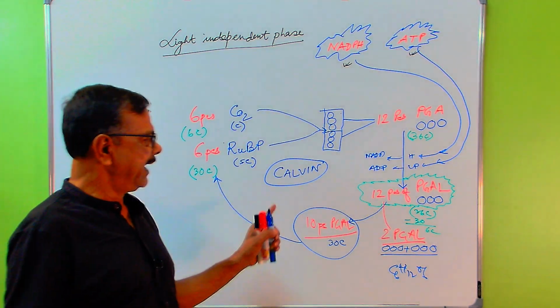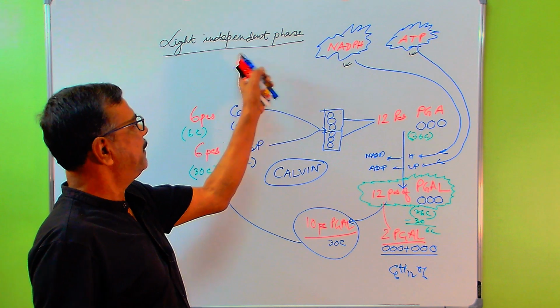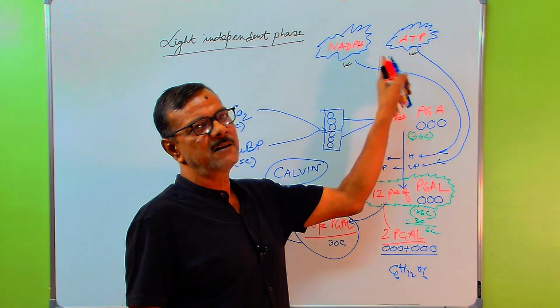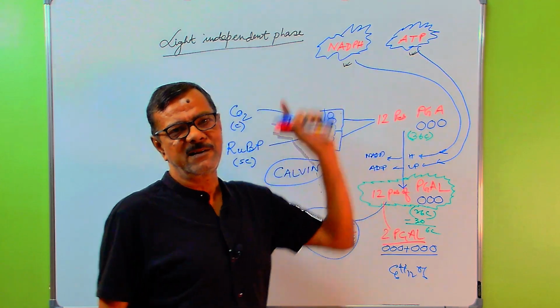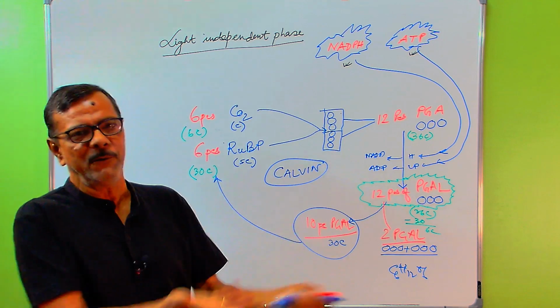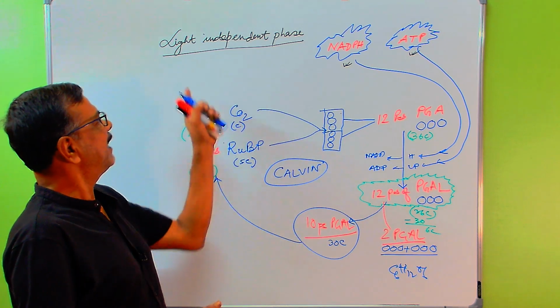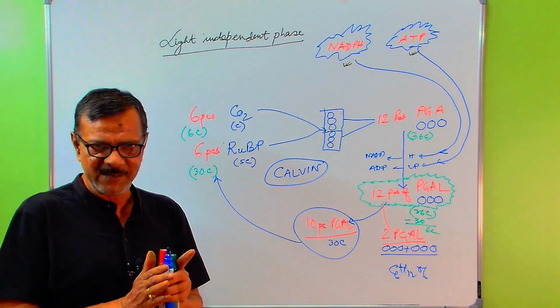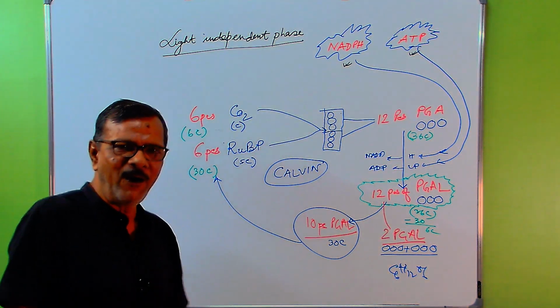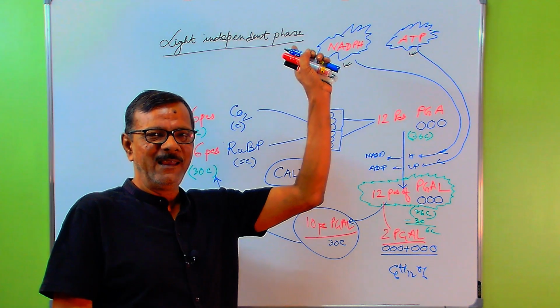But the light independent phase is dependent on the products of the light dependent reaction. That is, these two products are required. So indirectly we can say that the light independent phase is indirectly dependent on the light dependent phase.